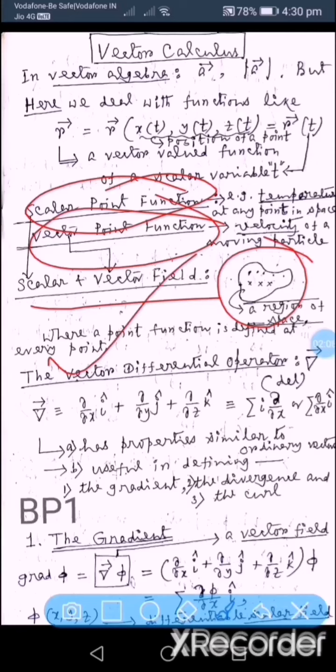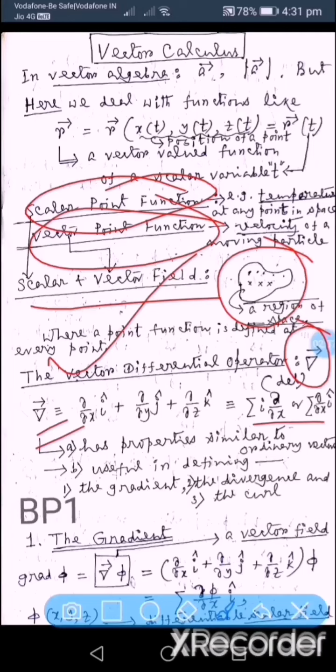Next, the vector differential operator del. It is pronounced del and the notation is like this. It is defined as del equivalent to del/del x i cap plus del/del y j cap plus del/del z k cap. In short, summation i cap del/del x.